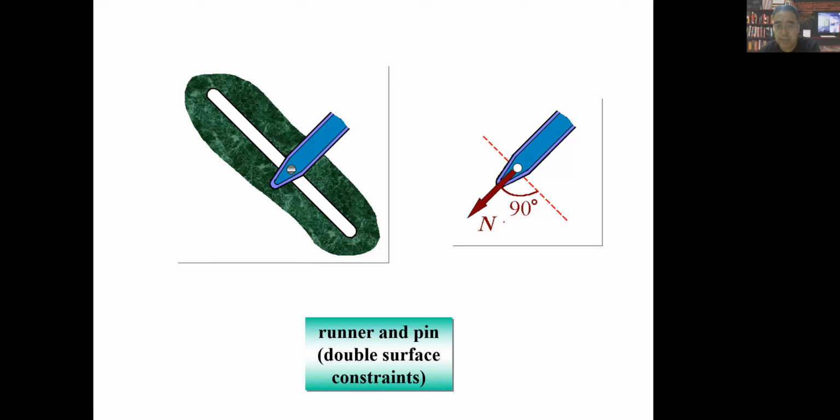So if we select this one to be analyzed, we will give this reaction force like this. Remember, this red dashed line means the direction of the slot. So our reaction force will always be perpendicular to this line. Maybe you can give this direction, or you can give the opposite direction. All are correct. It's named a slider and pin, or double fixed constraint, but I think this name is not important.